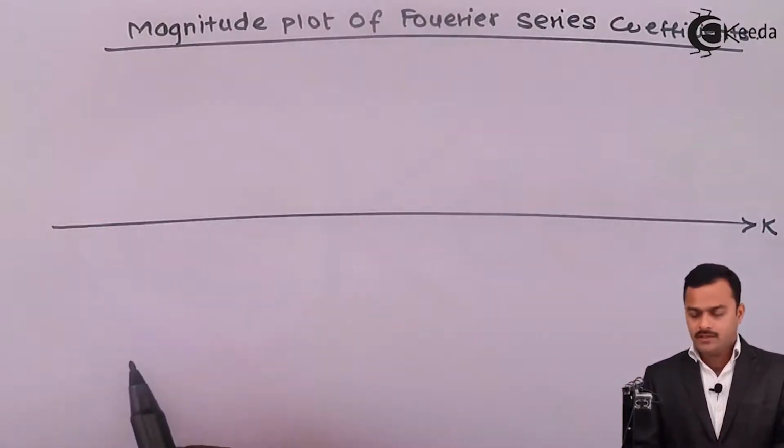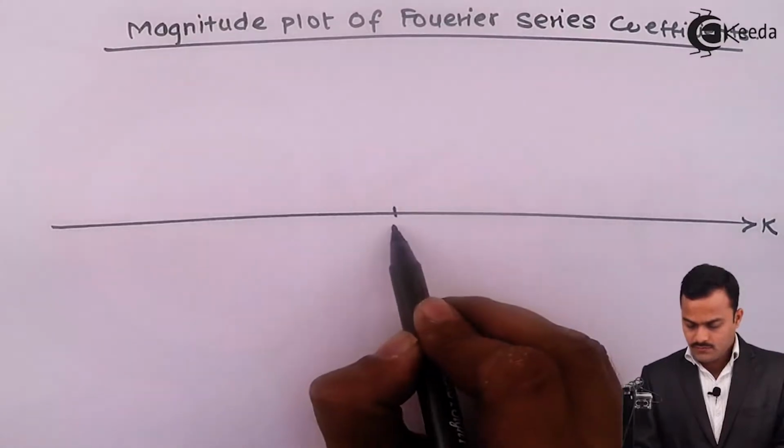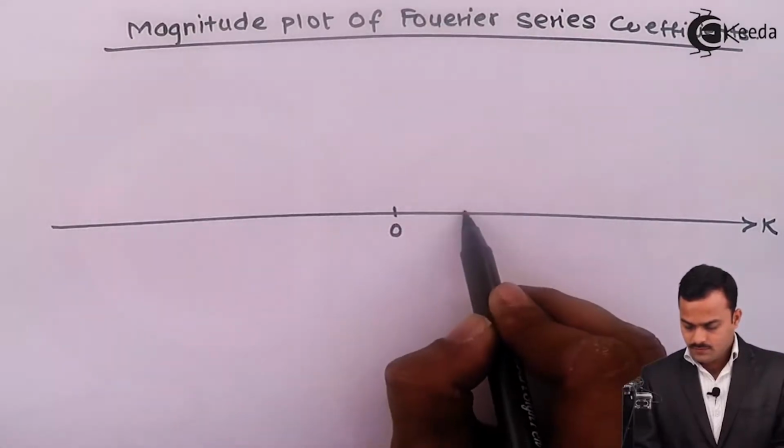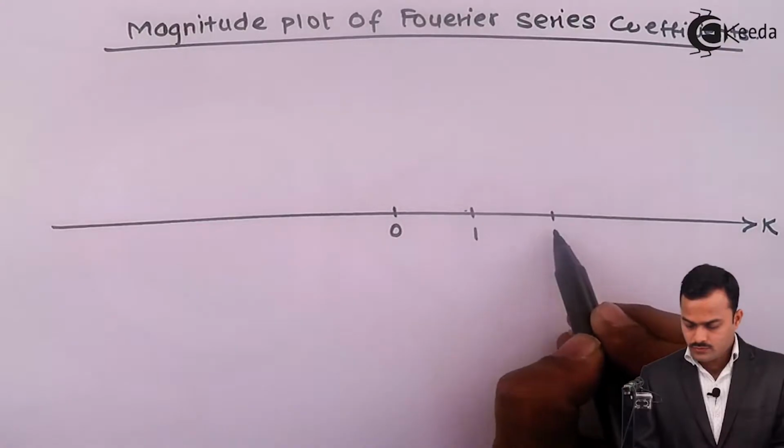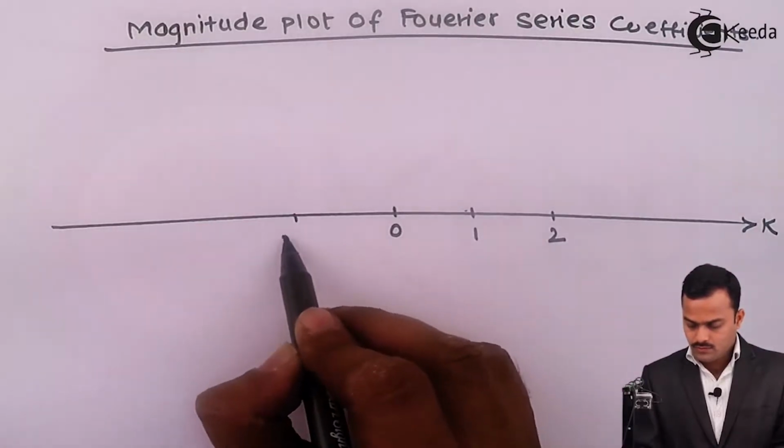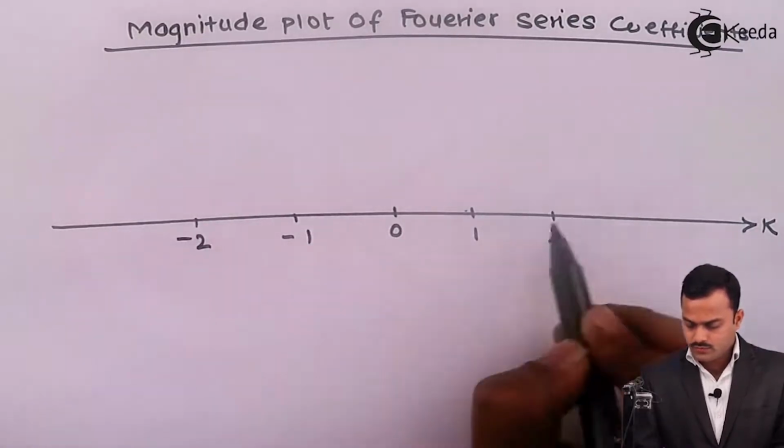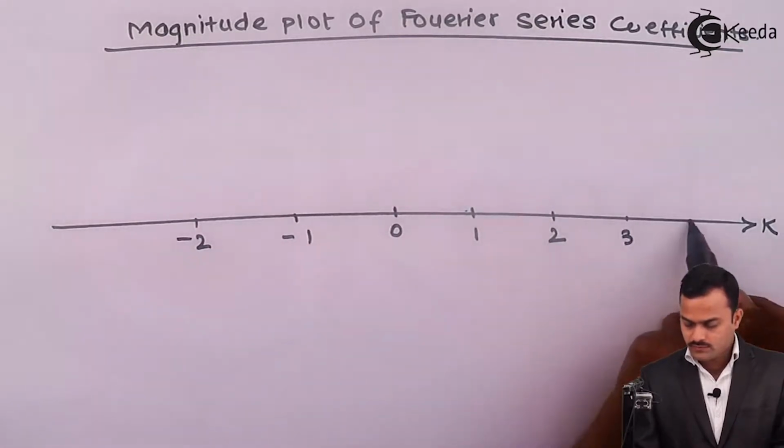We are having only 5 values: k equal to 0, k equal to 1, k equal to 2, k equal to minus 1 and k equal to minus 2. For remaining values it is 0.